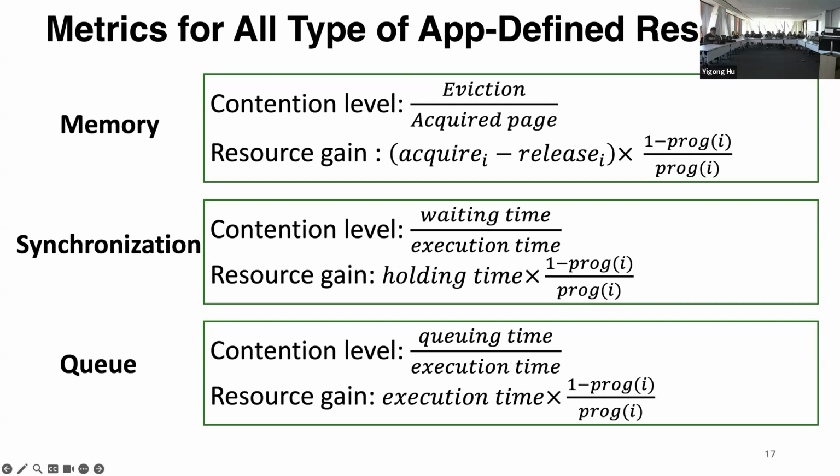And we can use the eviction number and the resource scheme, like release and acquire, to calculate it. For synchronization, it means something that you have to use a lock to protect, synchronization primitives, like a table lock in MySQL. And for queue, it's just a thread queue or a scheduling pool. And we have these metrics for different types of resource.